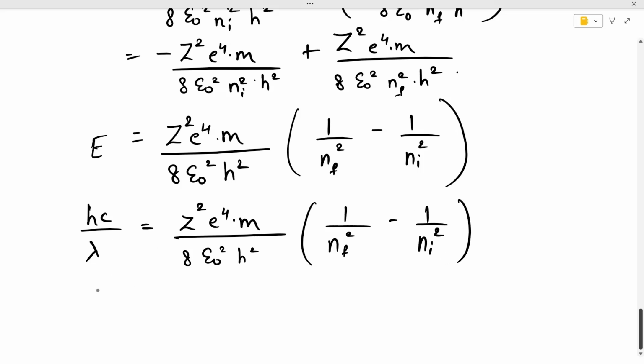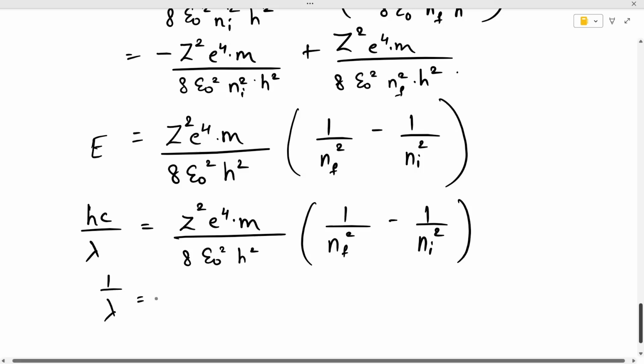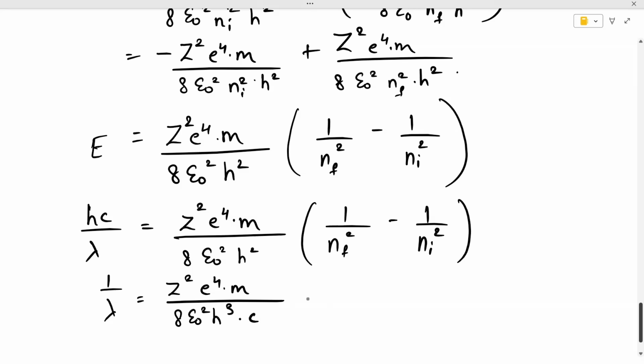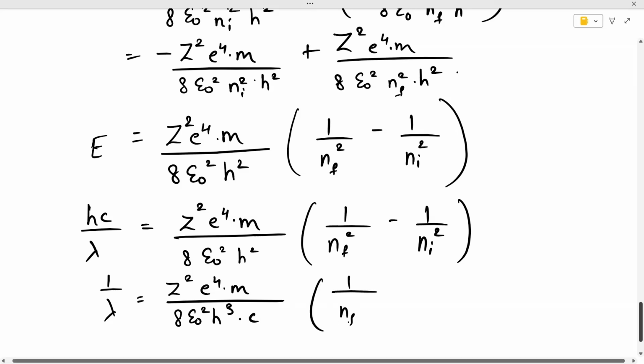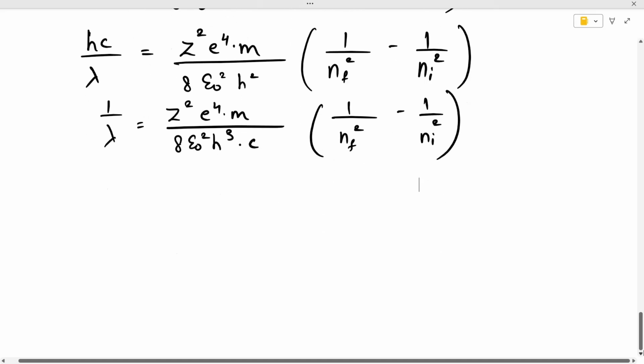Now moving these things here, we have 1 upon lambda is equal to Z square e raised to 4 times m upon 8 epsilon naught square. This h will come here, so it will become h cube into c, the whole times 1 upon n f square minus 1 upon n i square. Now we know that 1 upon lambda is the wave number, or 1 upon lambda is equal to nu bar.